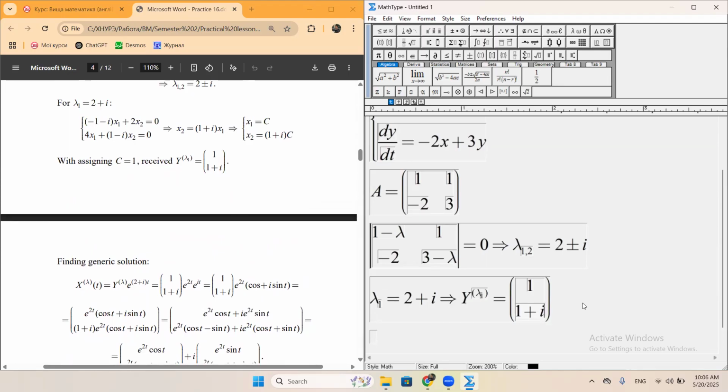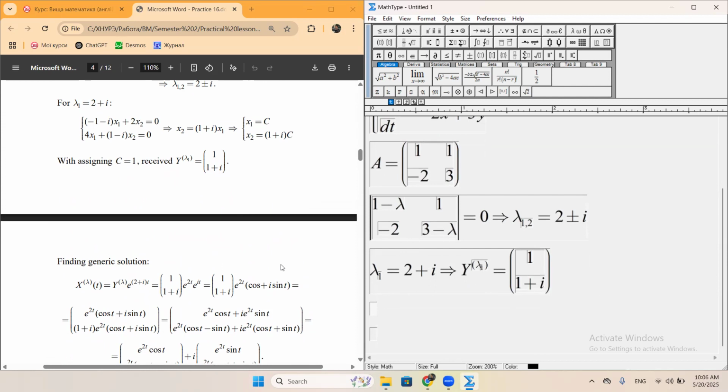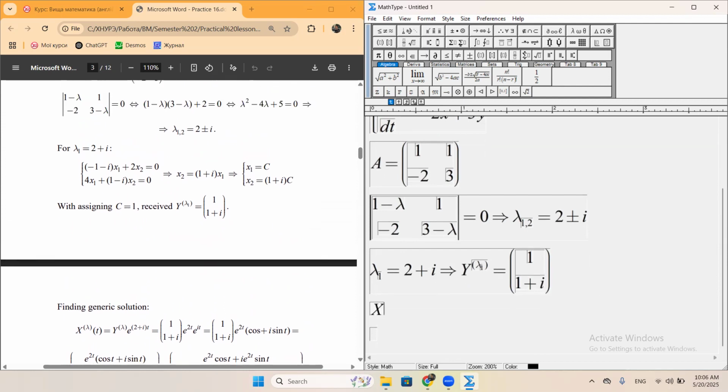For 2 minus i it will be the analogous. So we find the following: y lambda multiplied by e in power of (2 plus i) t.